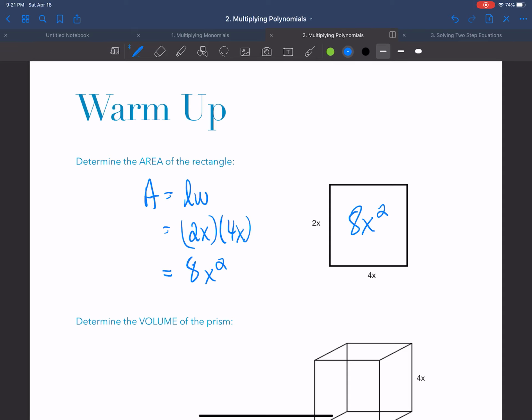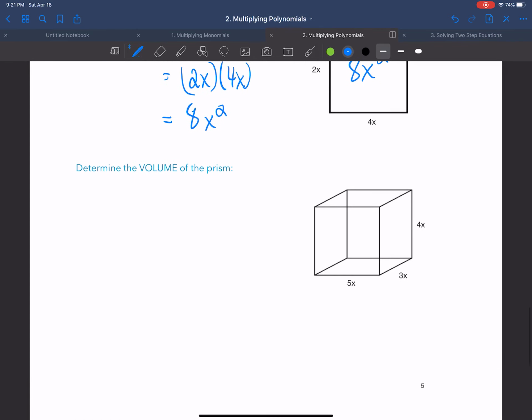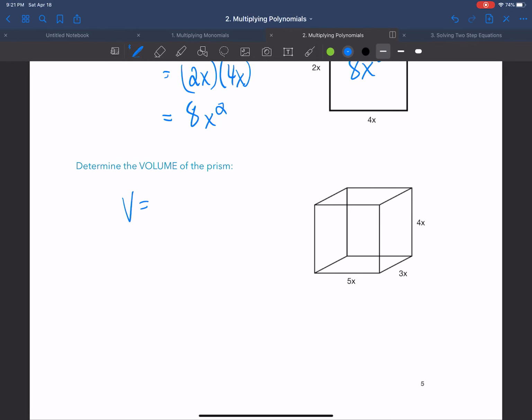So now down here we're finding the volume of this prism, and the volume of a cube or a rectangular prism is length times width times height. So I have 5x times 3x times 4x.